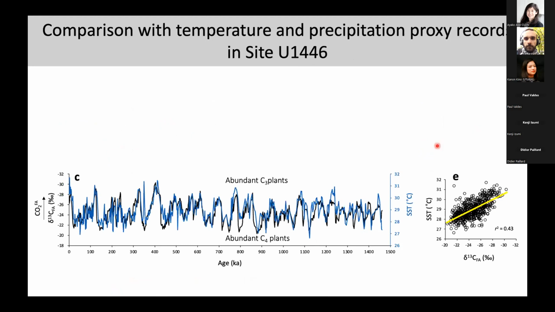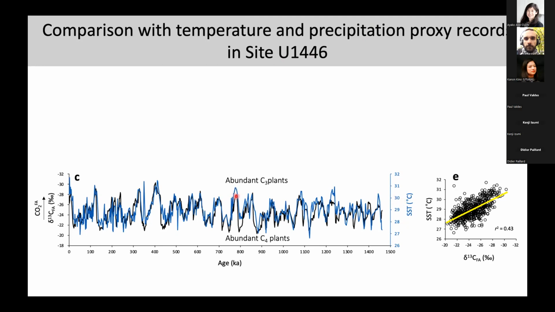We also examined the relationship with temperature and precipitation proxy records at the study site. So this blue line indicates the TEX86-based sea surface temperature. This zigzag pattern is the glacial-interglacial temperature change. And of course, in the interglacial, sea surface temperature was higher.